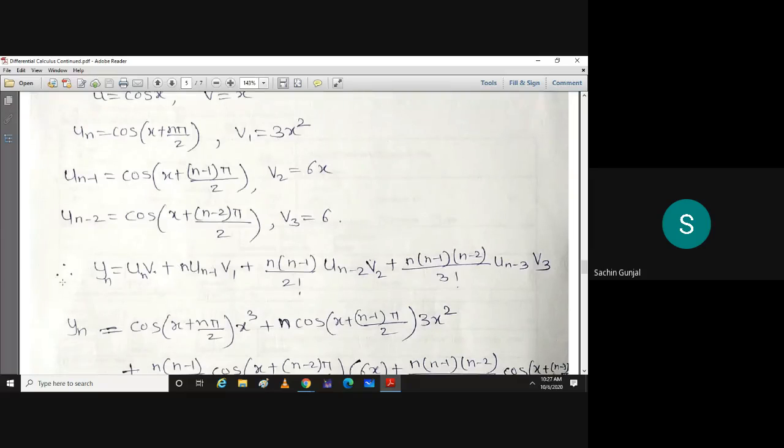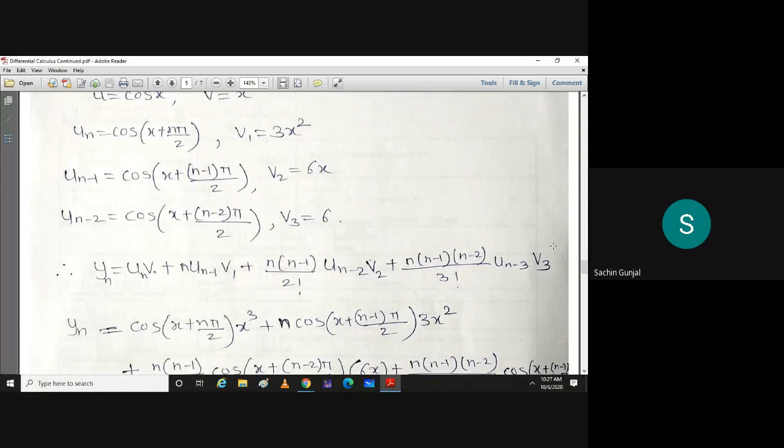So by Leibniz theorem, nth derivative is nc0, which is 1, unv, plus n into un minus 1 v1, plus n into n minus 1 upon 2 factorial un minus 2 v2, plus n into n minus 1 into n minus 2 upon 3 factorial un minus 3 v3, and the next term is 0 because it contains v4, and v4 is 0, the fourth derivative of v.